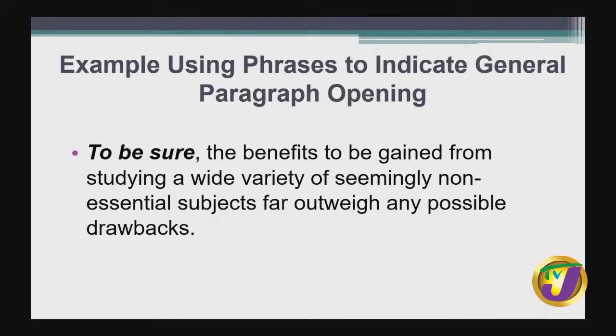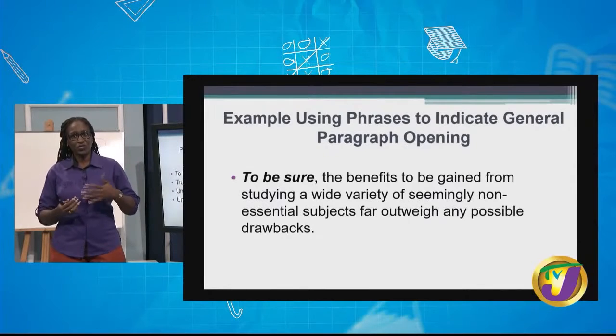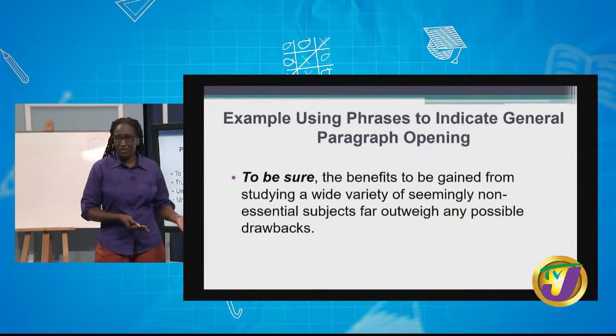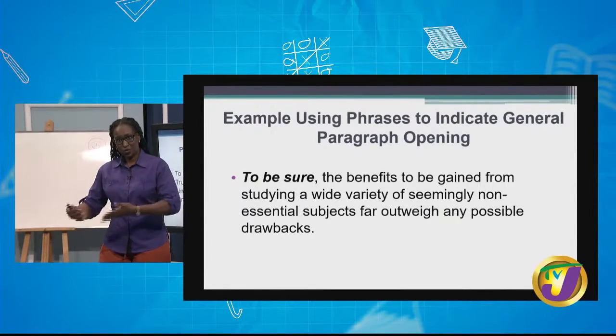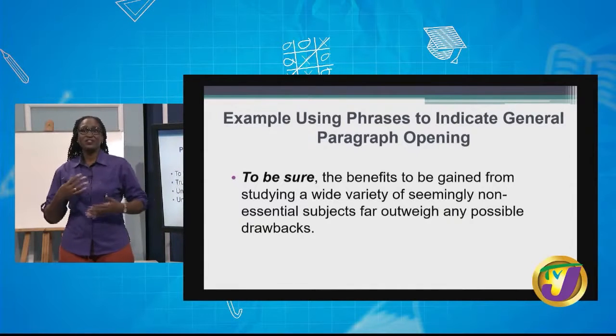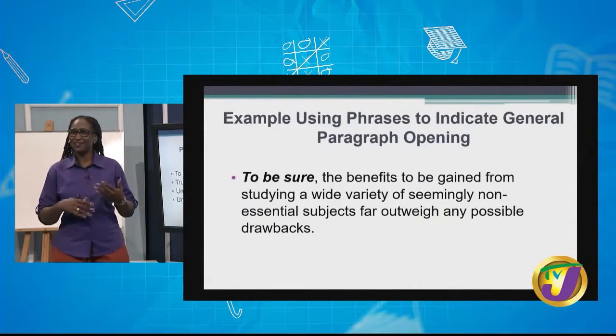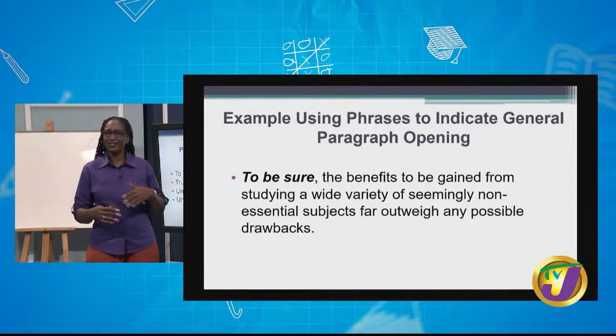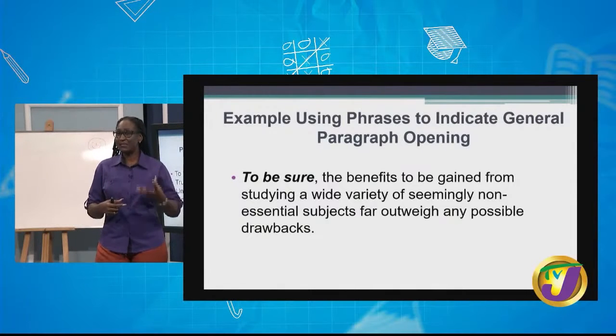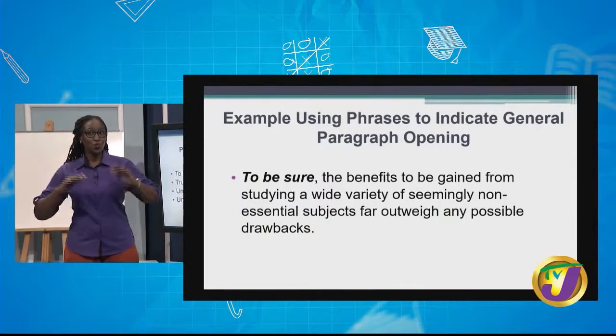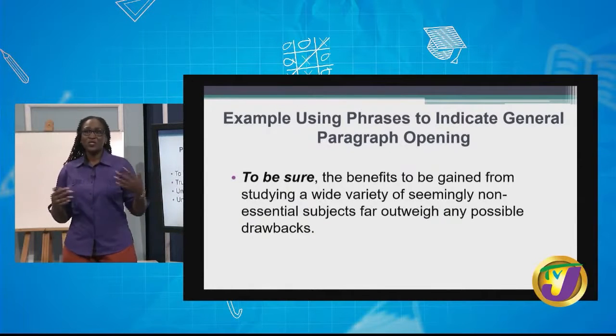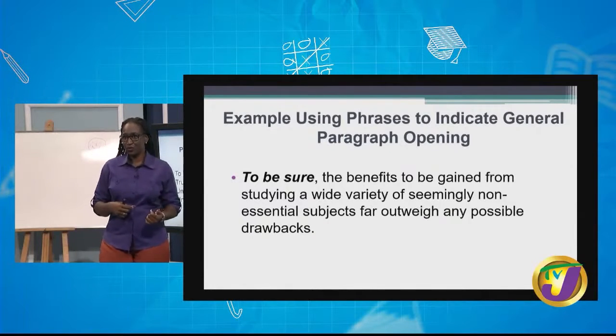And look at that. How different does it sound from just saying, yes, I agree that the benefits gained, and so on and so forth. You have used a different term. You have used something that is not the typical. You have used something that is a little fresher, a little easier on the eyes. And of course, it shows your own creativity and your own range as well. So let's look at another example of what you can do.